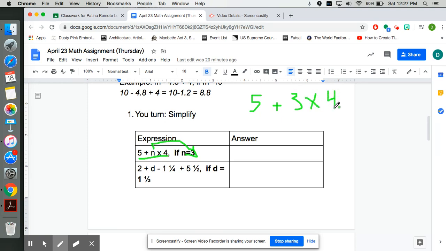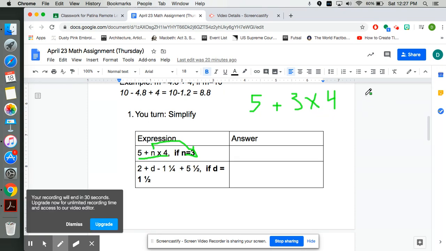Order of operations goes parentheses first. Do you see any parentheses? Nope. Moving on to the next one, we multiply and divide from left to right. We do have multiplication, 3 × 4. 3 × 4 is 12, and then 5 + 12 is 17. So that's the answer to that one.